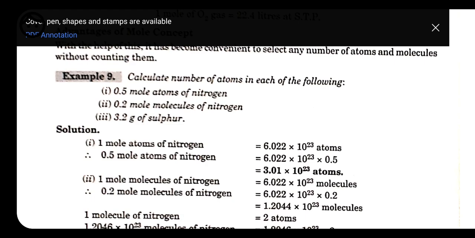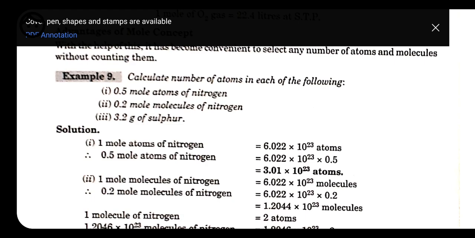So for 0.5 mole atoms, we take 6.022 into 10 to the power 23 multiplied by 0.5, since we need half of it. Half of this is 3.01 into 10 to the power 23.